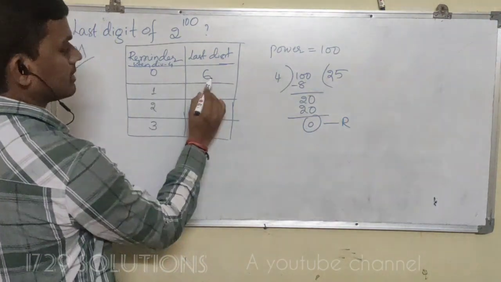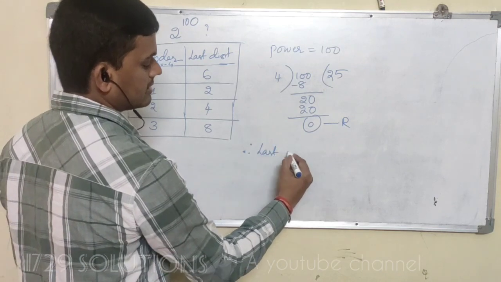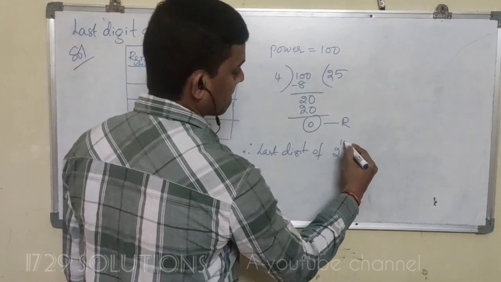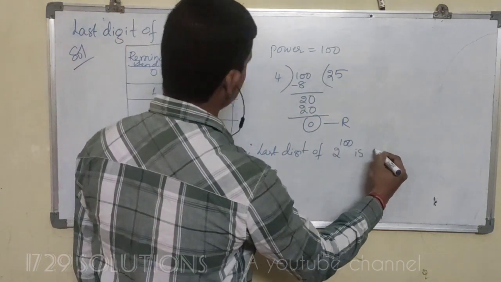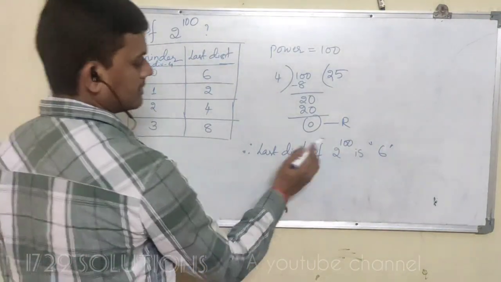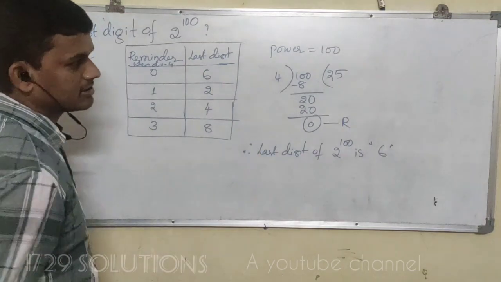If the remainder is 0, the last digit is 6. So the last digit of 2 power 100 is 6. Why is it 6? Because the remainder is 0. When you observe the table, if the remainder is 0, the last digit is 6.